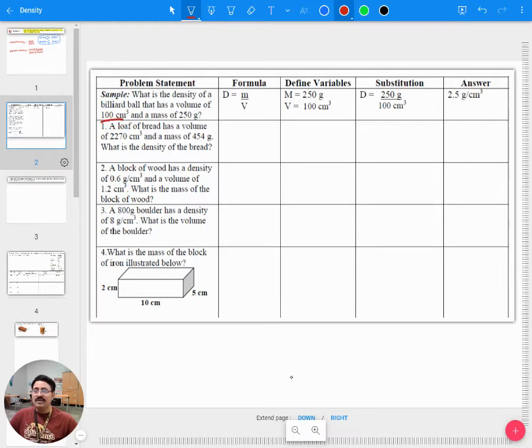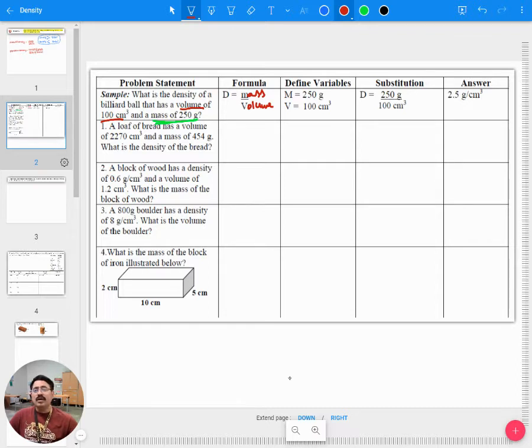So here I see that volume is 100 cubic centimeters, and I see that mass is 250 grams. Just now we discussed that density equals mass per volume.